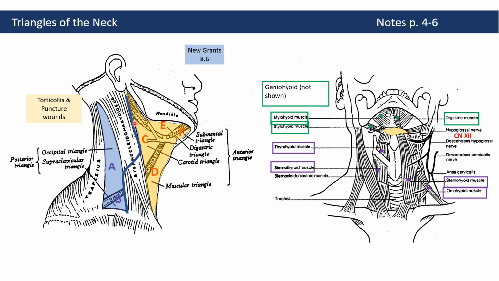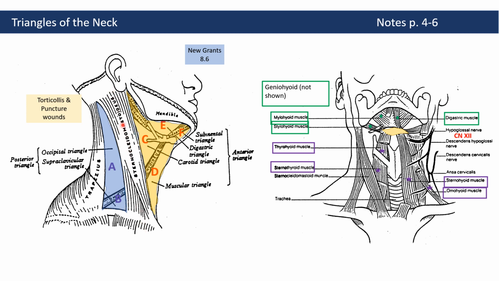The external jugular vein travels over the sternocleidomastoid and then dives deep to the posterior border of the sternocleidomastoid near the clavicle. So the sternocleidomastoid muscle is here. Again, if you are too deep when you are reflecting the platysma superiorly, you will also remove the external jugular vein.